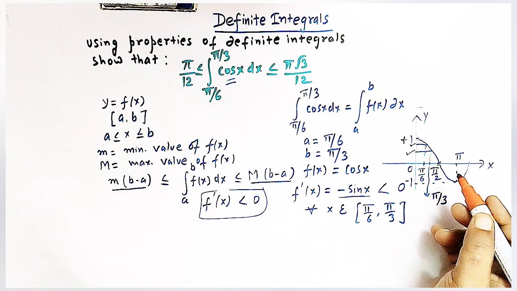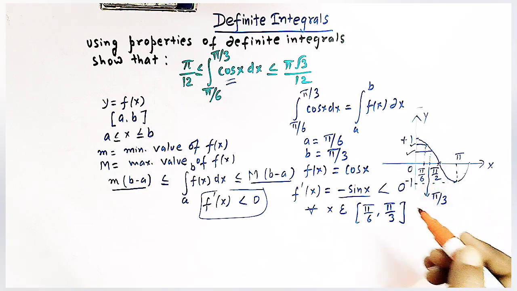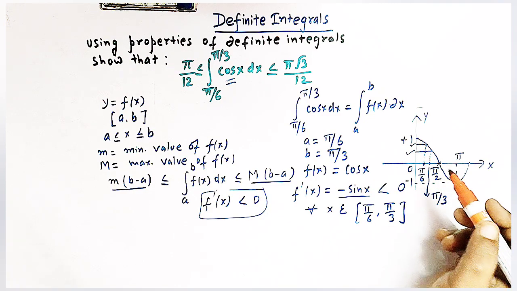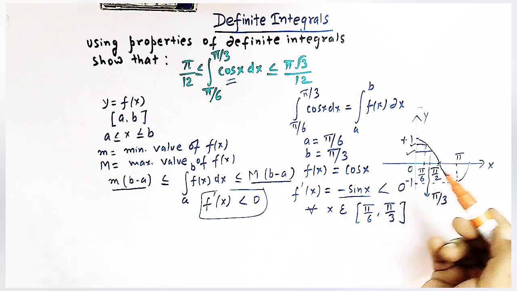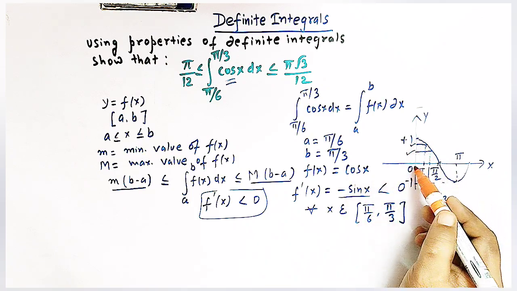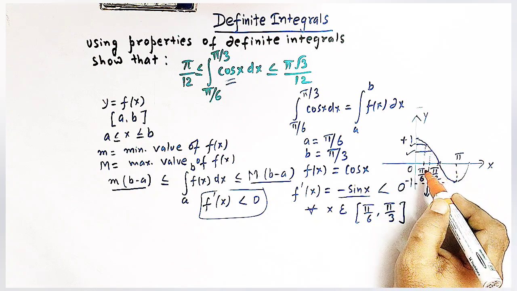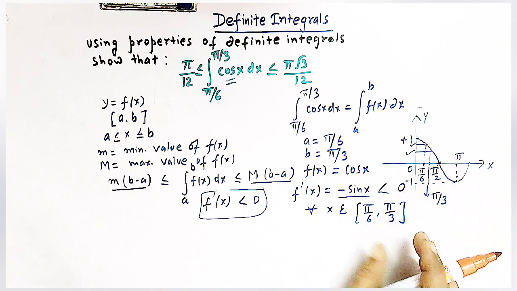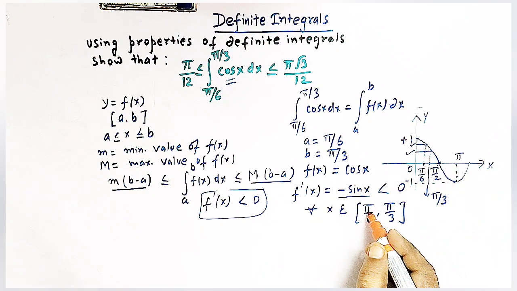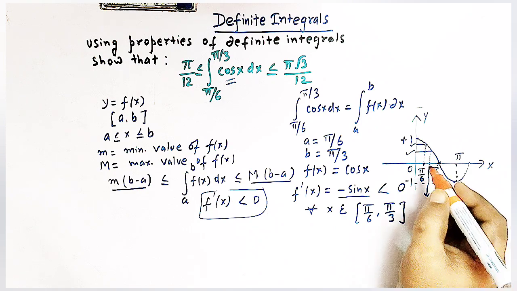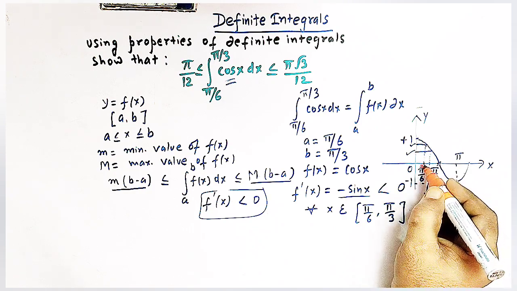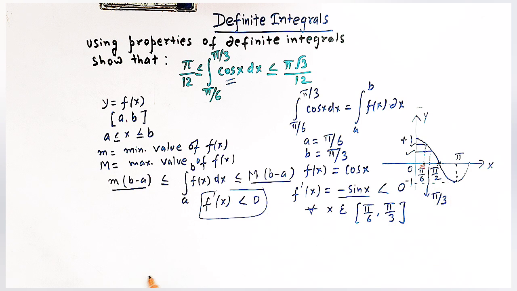So now from the graph of cosine x, we can easily conclude that the cosine function is a decreasing function from 0 to pi by 2, and the maximum value of the cosine function in the interval from pi by 6 to pi by 3 occurs at this point, that is pi by 6, right?